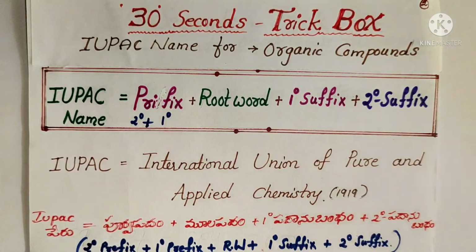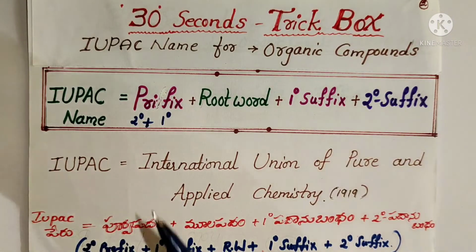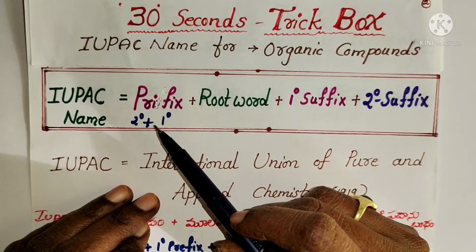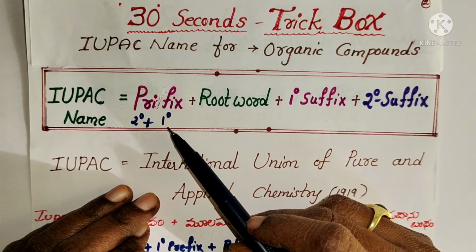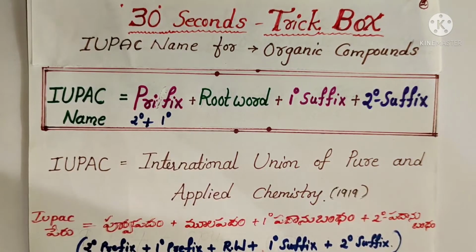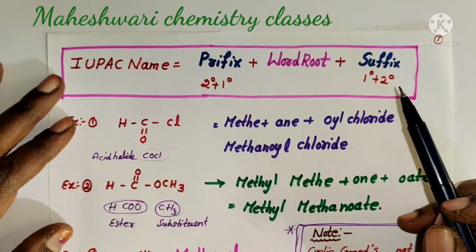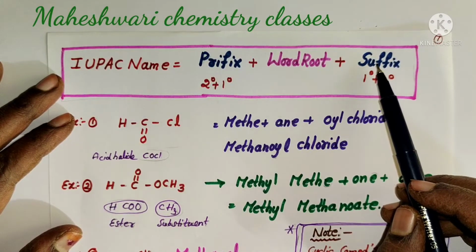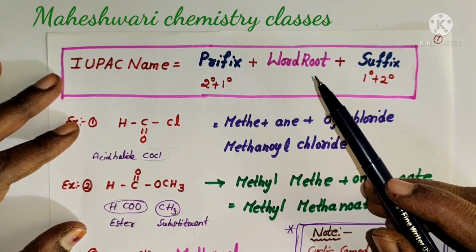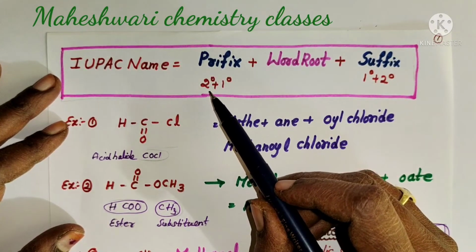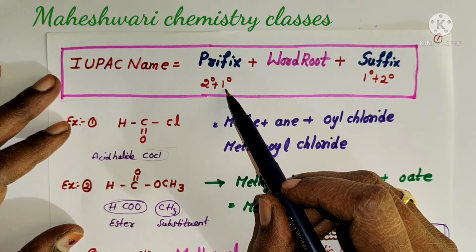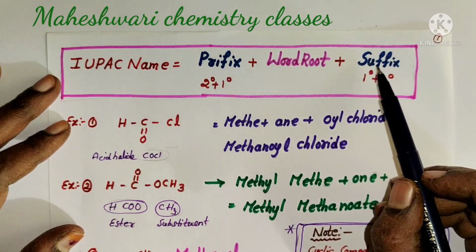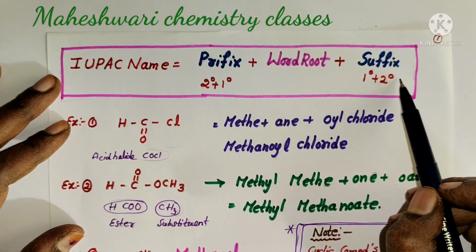In most cases we consider only the secondary prefix; the primary prefix is considered only for cyclic compounds. In short, IUPAC name equals prefix plus word root plus suffix. Word root is nothing but root word. So prefix is secondary prefix plus primary prefix, then word root, then suffix, primary plus secondary.